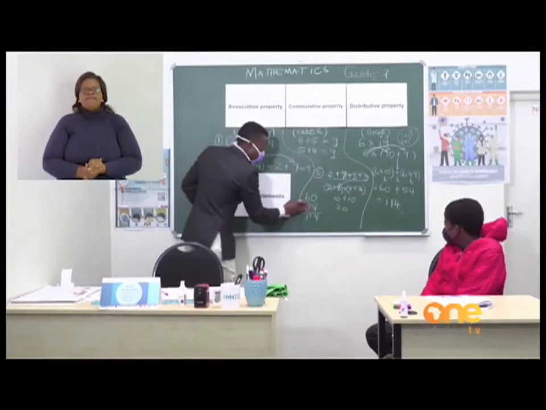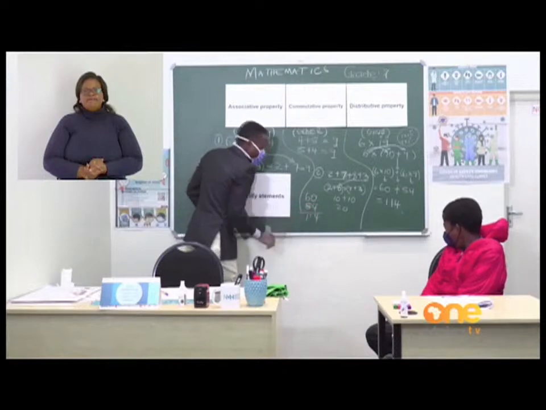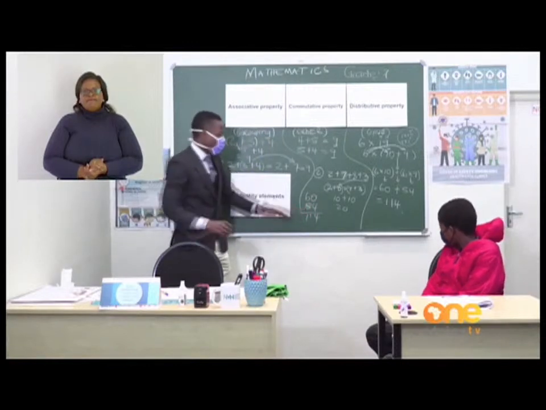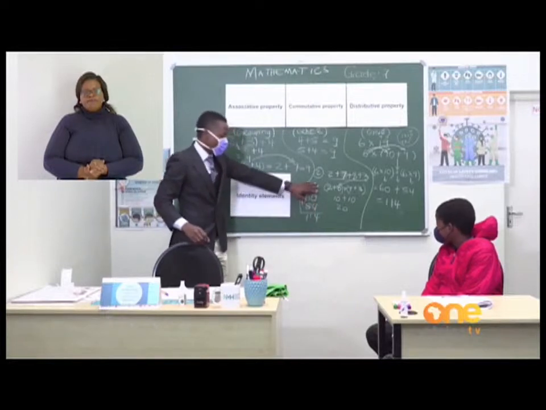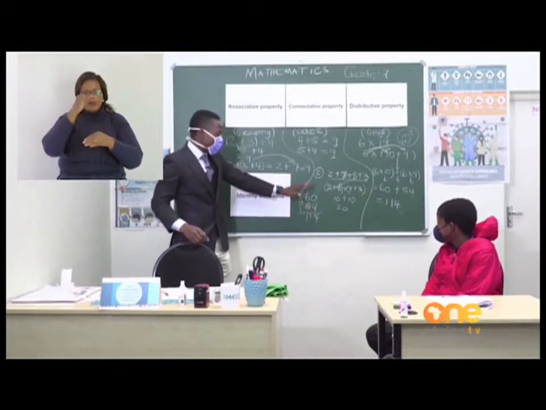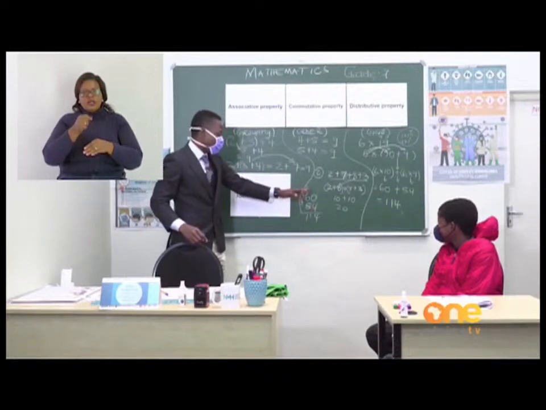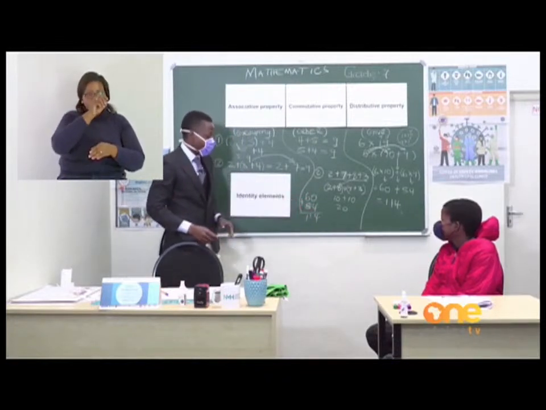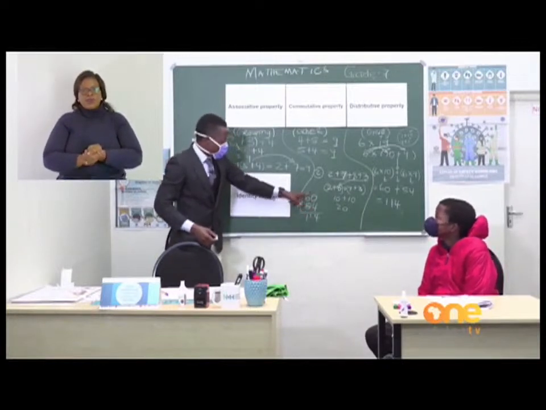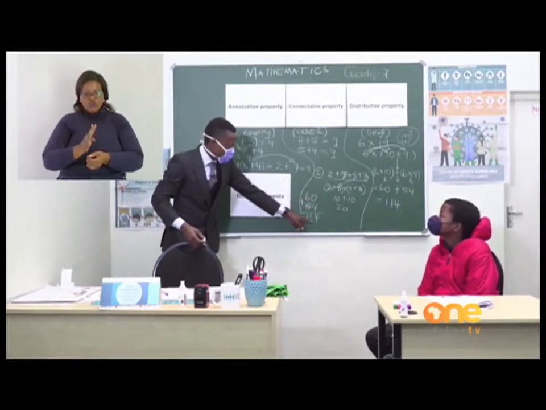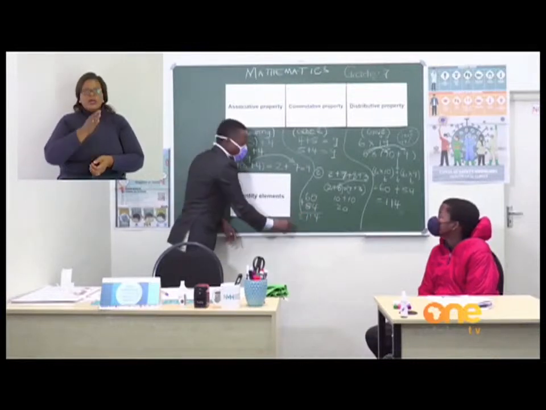What I have done here is to do the standard algorithm, which is the most key part we do in grade 7. When we add our numbers, we must add them in a vertical way. A unit straight with a unit, a tens straight with a tens. So that's why I did it that way. If you add these two you get 4, if you add these you get 11, so the answer will be 114.